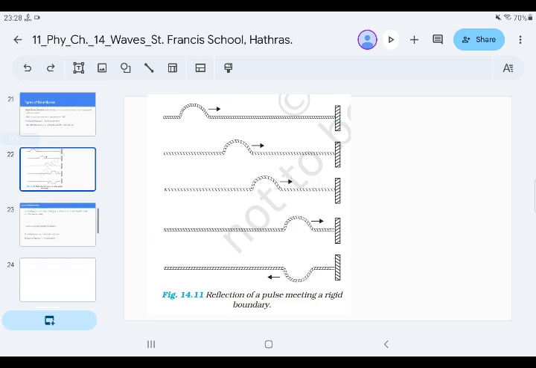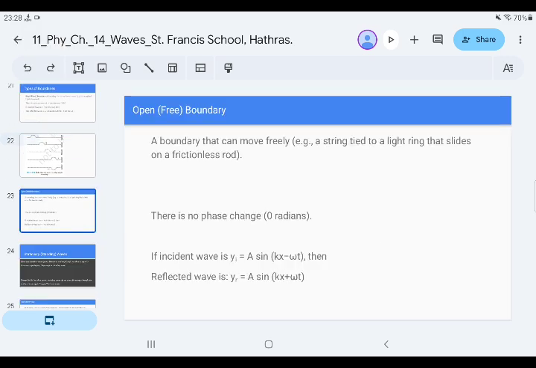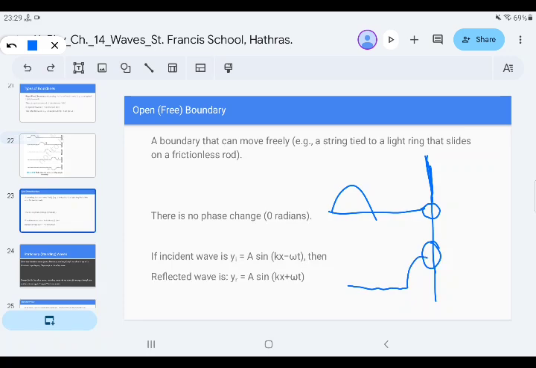Now let's move ahead with the next, open boundary. The open boundary figure is something like this: it is a rope, and here we have a rod, and this rope is connected to a ring which is inside this rod. So if someone creates a pulse, this ring will also move up, because the rope is tied with this ring.